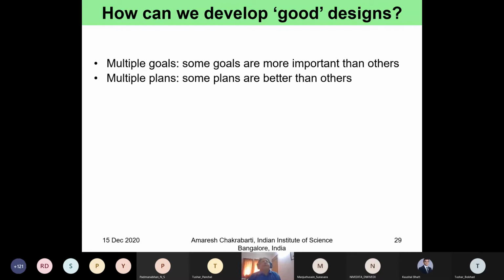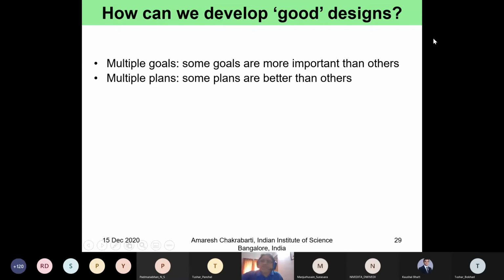There are maybe 20 different ways of making a house, and some of the plans are better than others. So these are the two basic points about the nature of design. Number one, there is more than one goal, and some goals are more important. And second, there are multiple plans, and some plans are better.